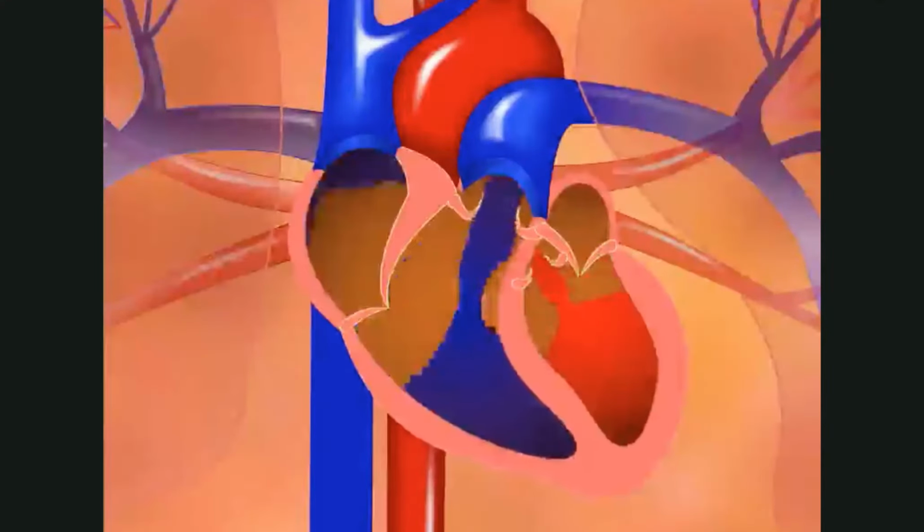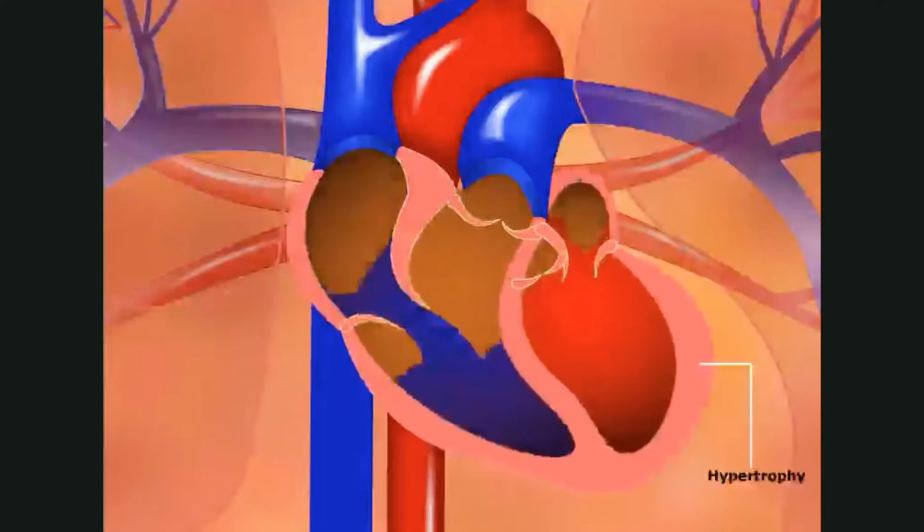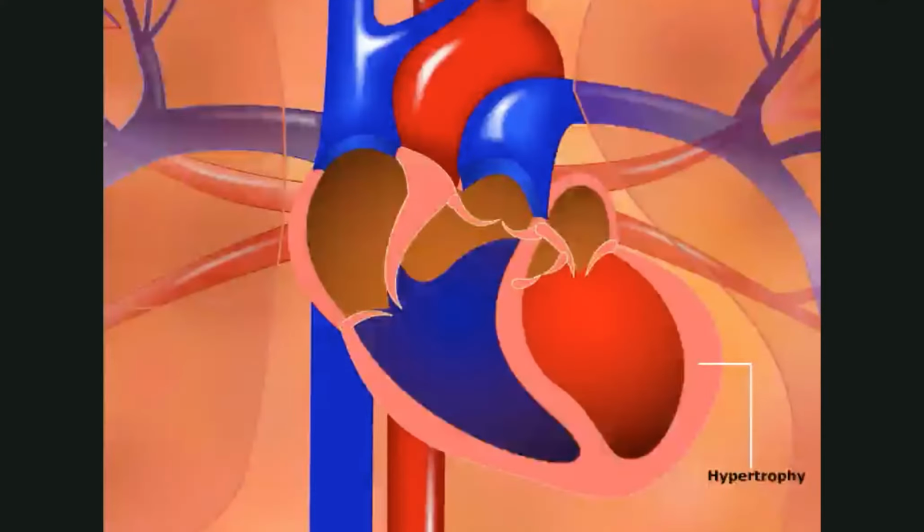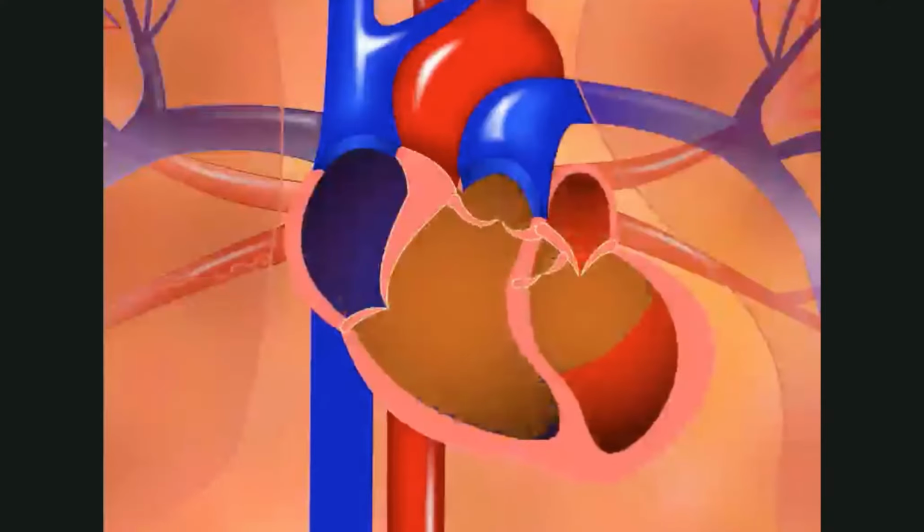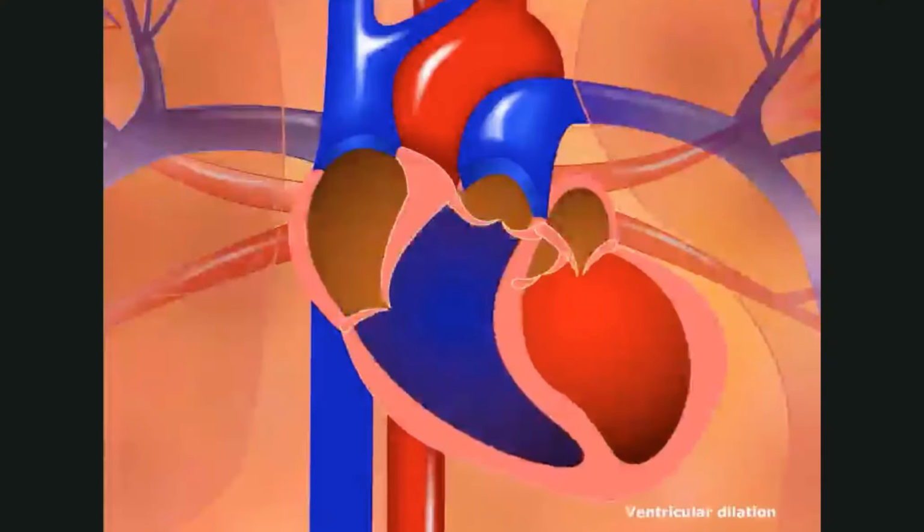In response, the left ventricle develops pressure overload hypertrophy, which is concentric. In contrast, volume overload causes ventricular dilation. This occurs in response to excess angiotensin II and aldosterone production. This myocardial remodeling leads to left ventricular failure.